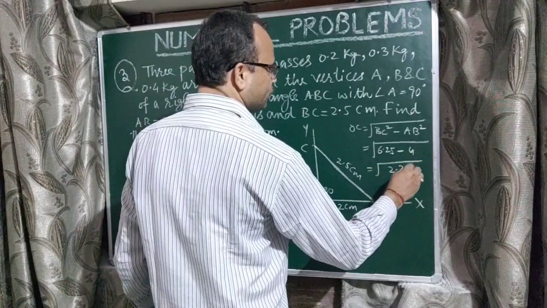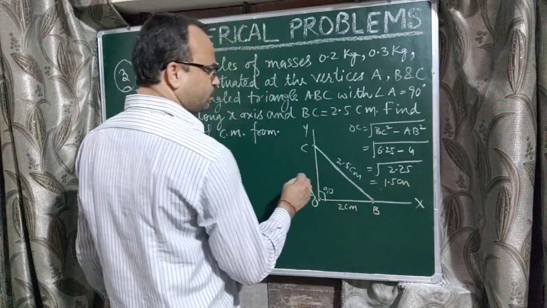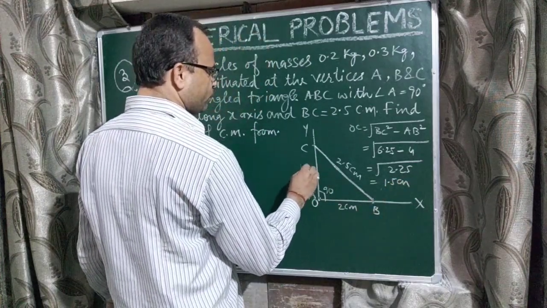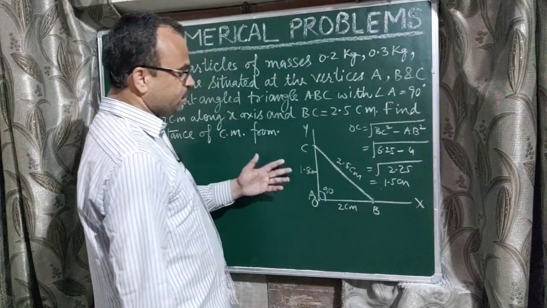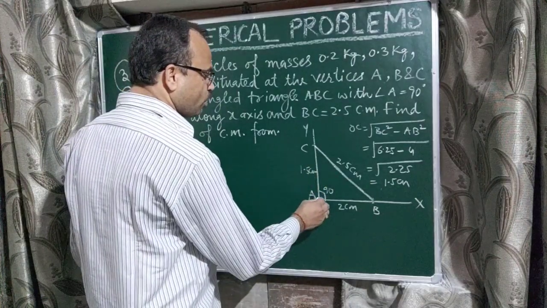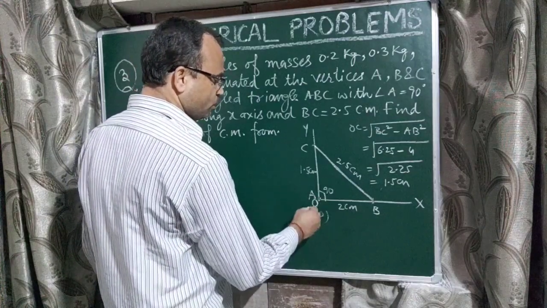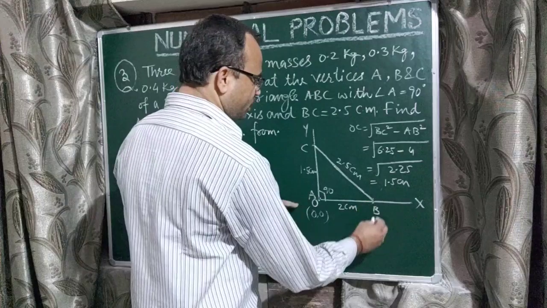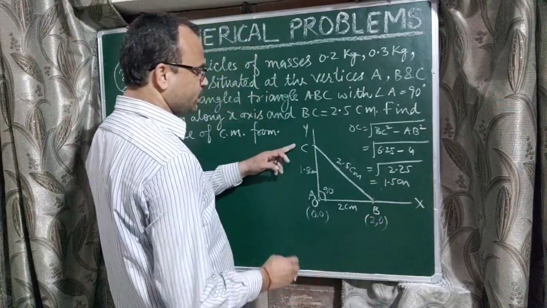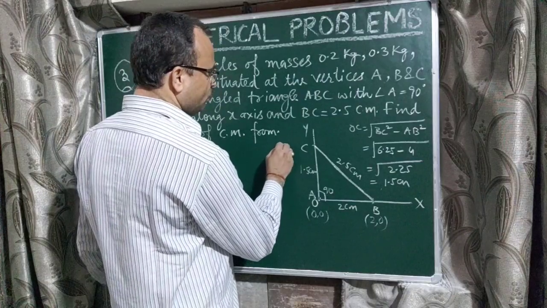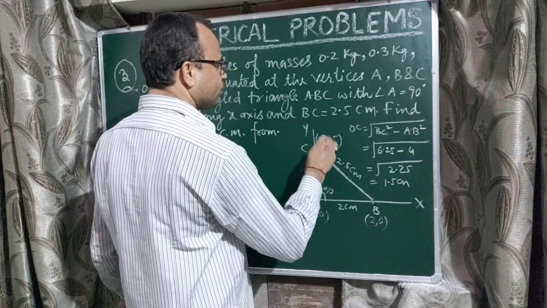So the answer is under root 2.25, which means 1.5 centimeter. It means this distance is 1.5 centimeter. Now first we write the coordinates. The coordinate of vertex A is (0, 0). The coordinate of B is (2, 0). The coordinate of C is (0, 1.5).